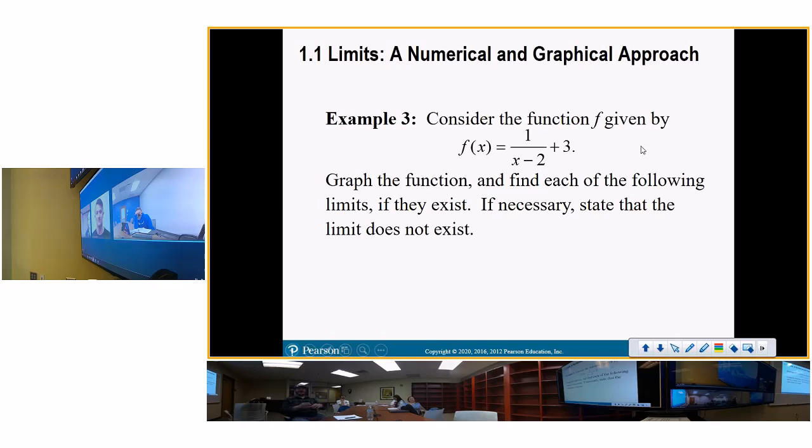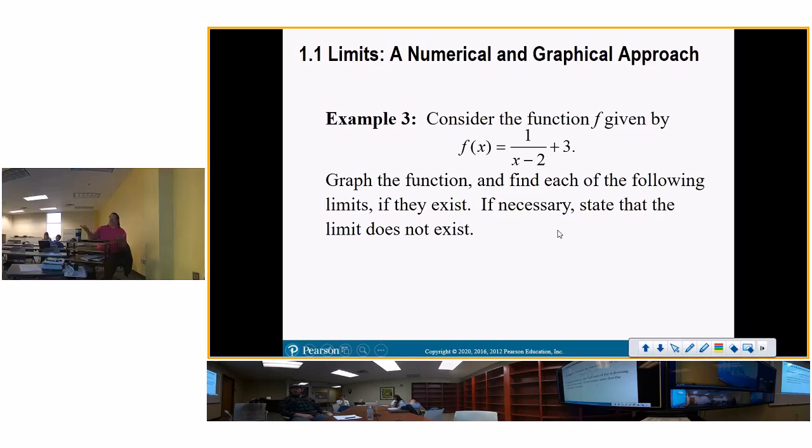Graph the function and find each of the following limits if they exist. So I just want you to graph it. I want you to find the vertical asymptote because it has 1. Because you can't factor 1 and cancel out x minus 2. Does everybody understand that?